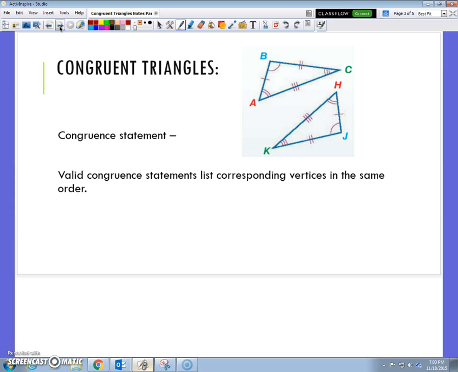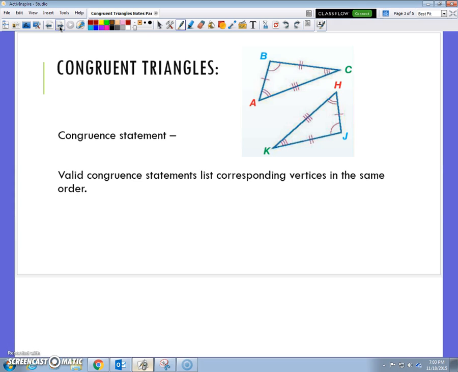So let's take a look here. We need to write a congruent statement for this little fellow right here. So I have these two triangles, ABC and KHJ, and we need to make sure that we're listing the corresponding vertices in the same order.